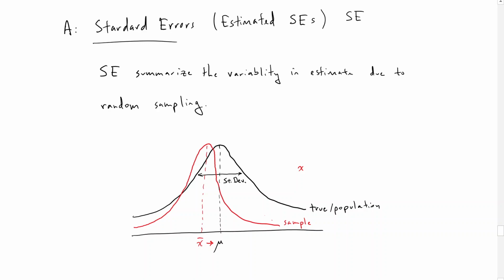The standard deviation is larger in the population than the variation in the sample. And the variation in the sample is the standard error. So standard deviation is the variation for the population. Standard error is the variation for the sample.